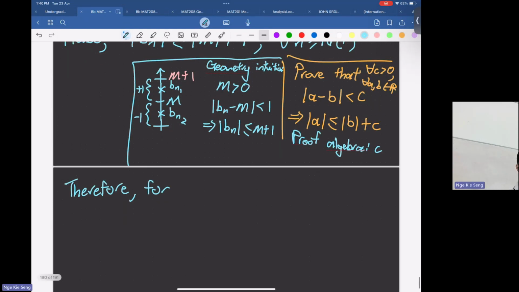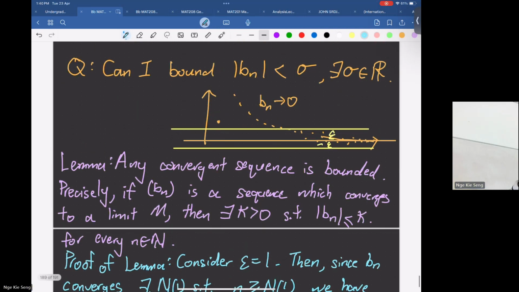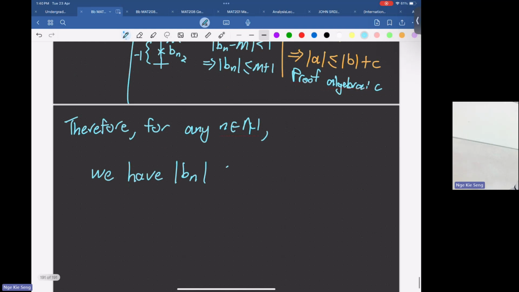Can we just choose that number there as our bound? Can I choose that as my bound or not?